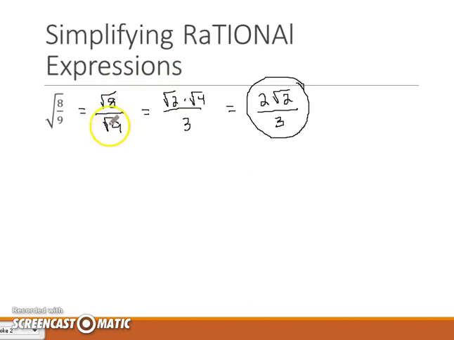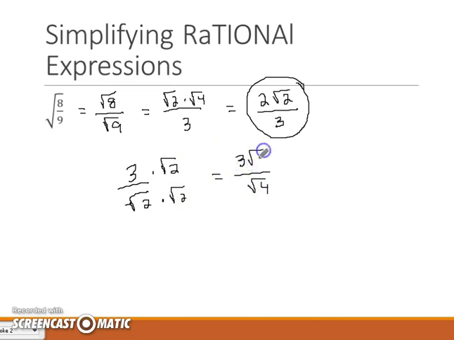So you can break it apart into two separate square roots and evaluate them separately. Just make sure your denominator does not have a square root as part of it. If it does, you'll have to multiply. So for example, if I had 3 over the square root of 2, I would have to multiply the top and the bottom of this fraction by the square root of 2, because the square root of 2 times the square root of 2 creates the square root of 4, and that's a perfect square.